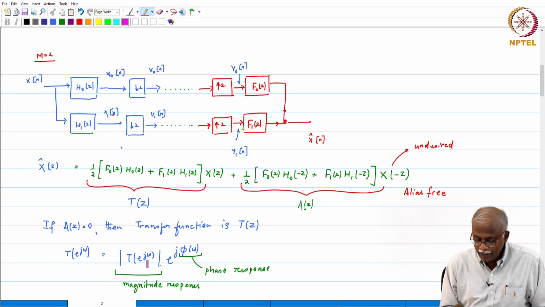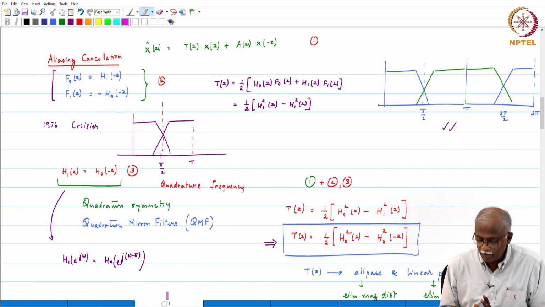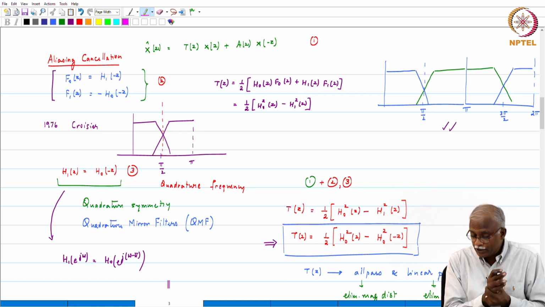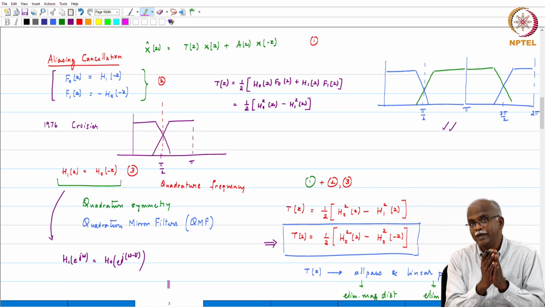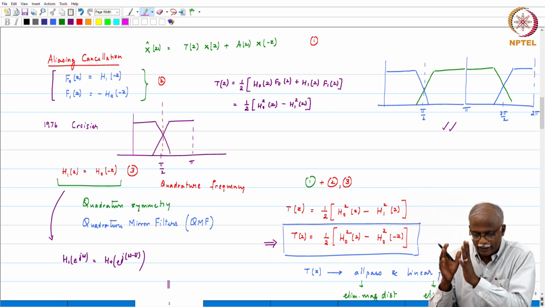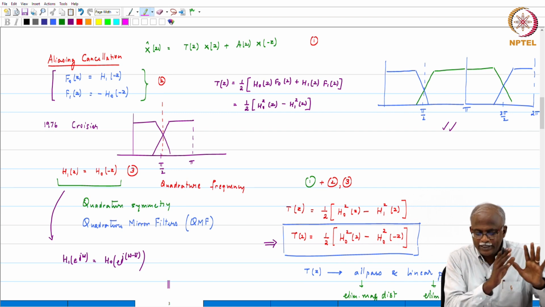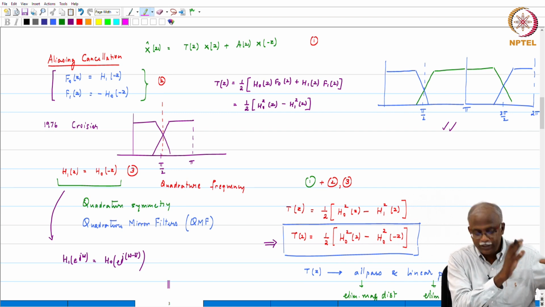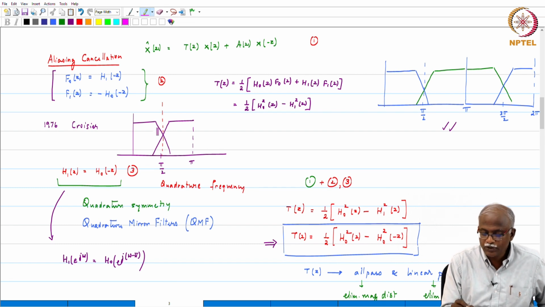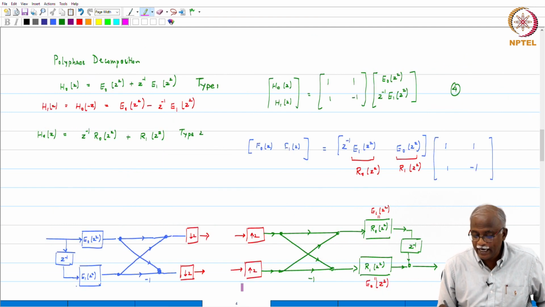When we wrote the polyphase components, we showed how magnitude distortion could be eliminated, but that led us to filters that were not of very good quality. So for now we said let's leave aside the magnitude distortion, and look at the phase distortion.